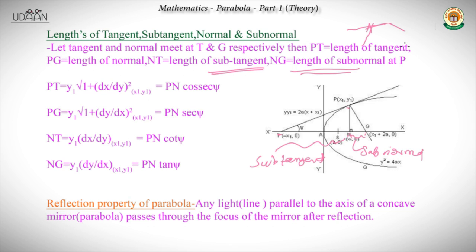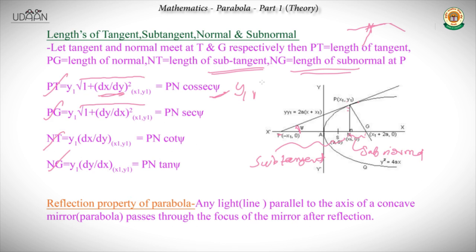Now how will we derive the formulas? We know that the slope of the tangent is given by dy by dx, so dx by dy is nothing but 1 by m. So if we take this angle as psi and derive the formulas using trigonometry, we know that PT, the length of the tangent, is PN cosecant psi, and replacing cosecant as root over 1 plus cot square psi, cot psi equals 1 by tan psi, and tan psi equals dy by dx, we'll get these formulas.